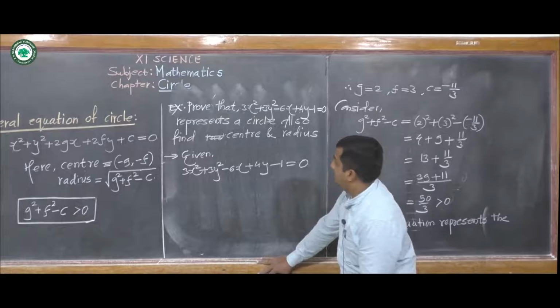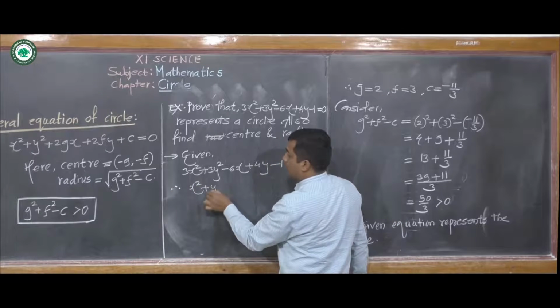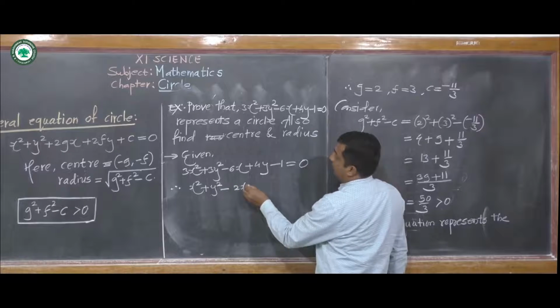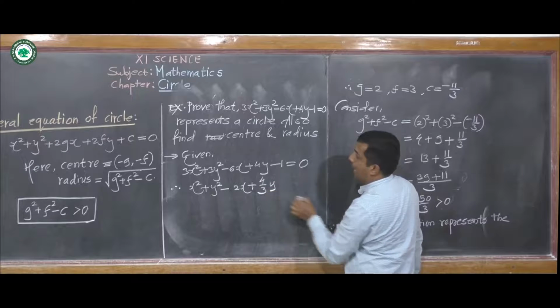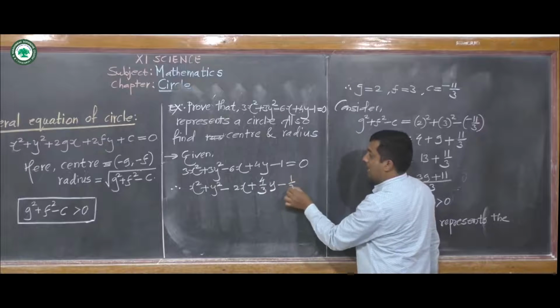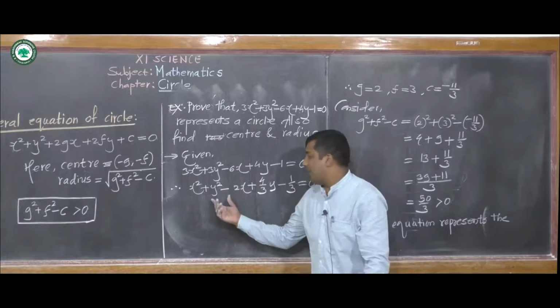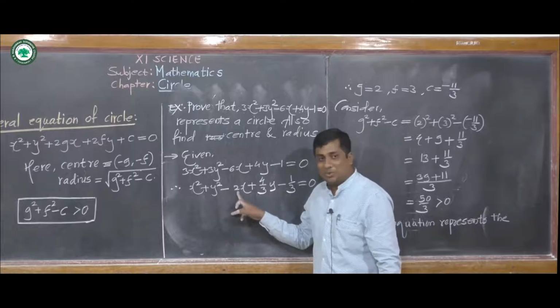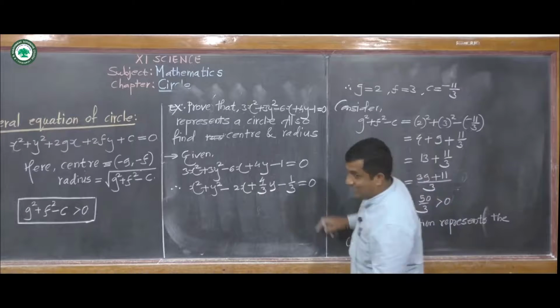Here we divide both the sides by 3, so we get x square plus y square minus 2x plus 4 by 3y minus 1 upon 3 is equal to 0. Now this equation is of the form x square plus y square plus 2gx plus 2fy plus c is equal to 0.